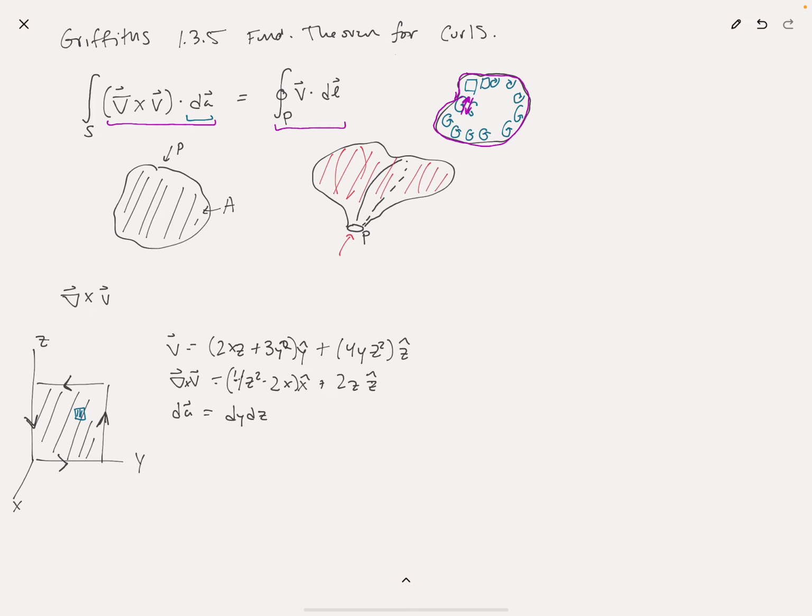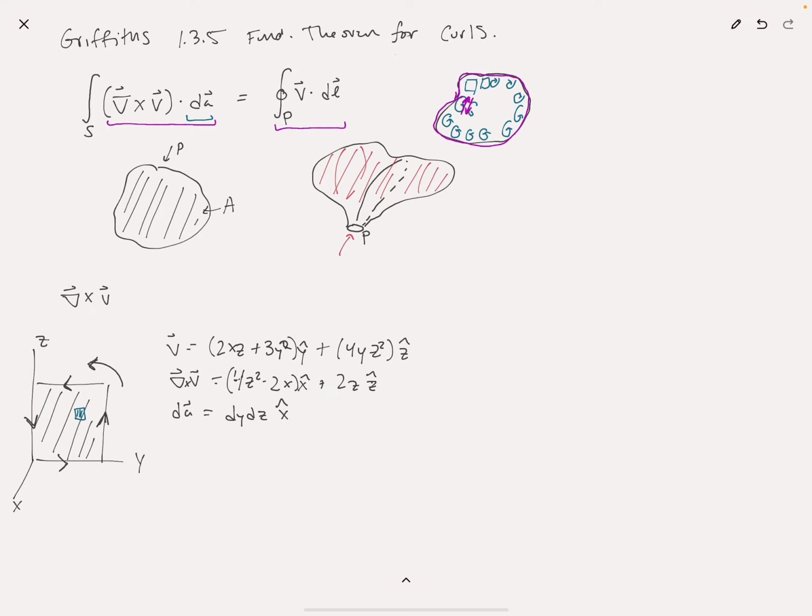Because I'm going to do my path integral in the counterclockwise direction, I'm going to use the right-hand rule, curl my fingers in the counterclockwise direction, and let my thumb tell me which direction I'm going to call my infinitesimal surface vector. If I do that, I end up with something in the x hat direction.